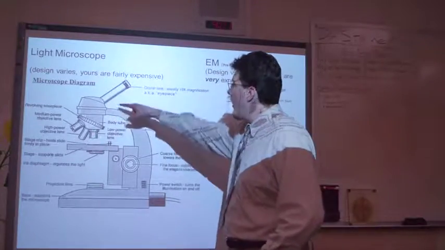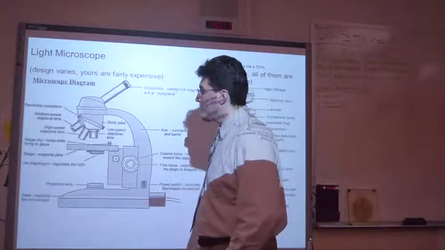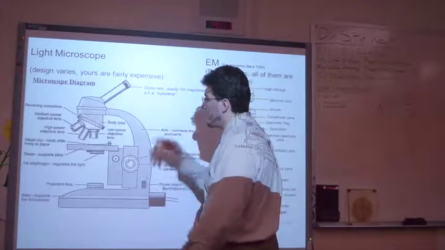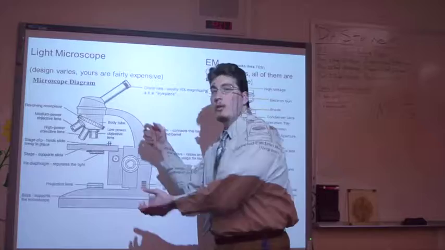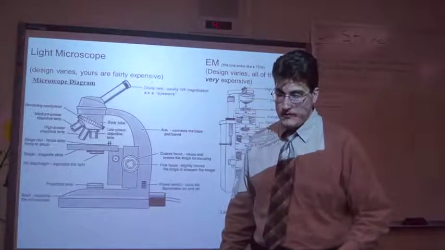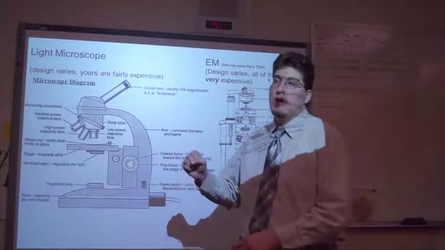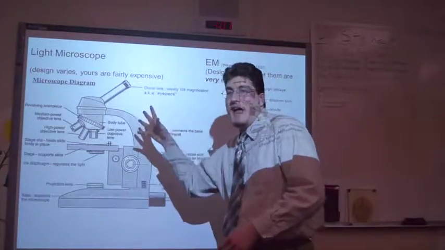Now, the arm is here. The base is here. When you move a microscope, you always hold it by the arm and the base. You never hold it one-handed, ever. Because if somebody scares you, you might go, ah, and drop it with one hand.